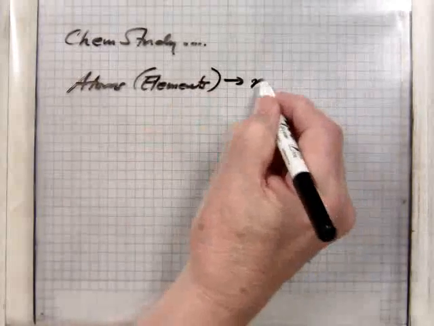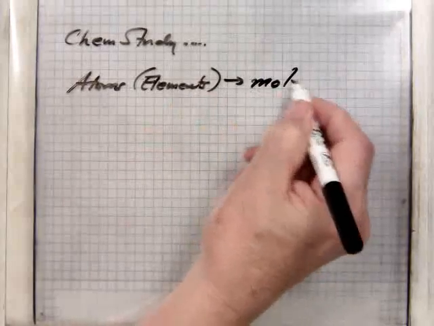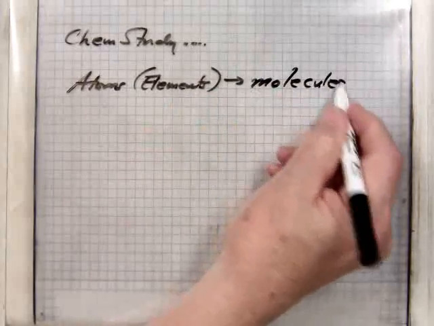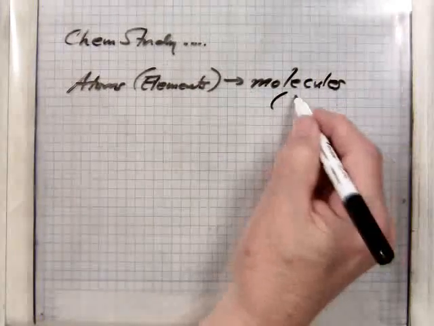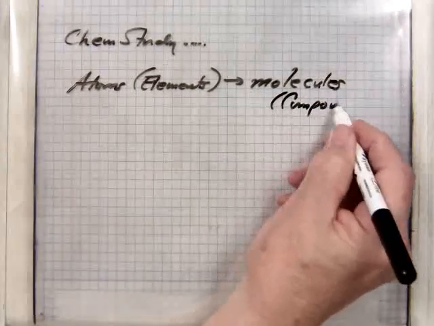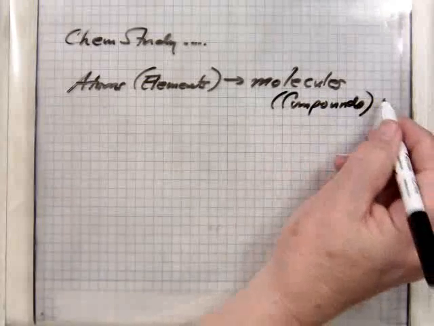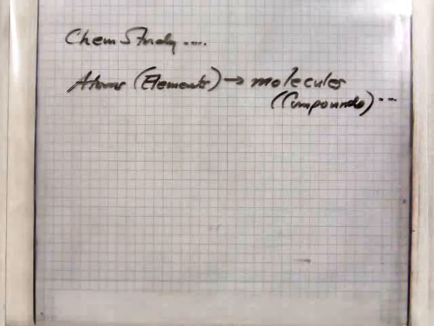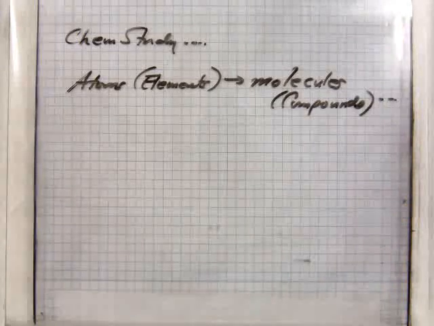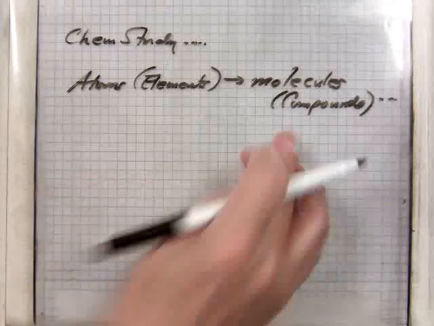And then molecules and compounds. And that will evolve into reactions and states of matter and solutions and chemical reaction studies and some more and more complex systems. But this is where we are right now.